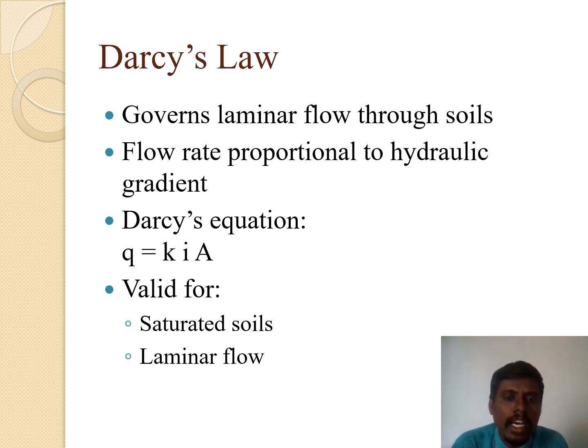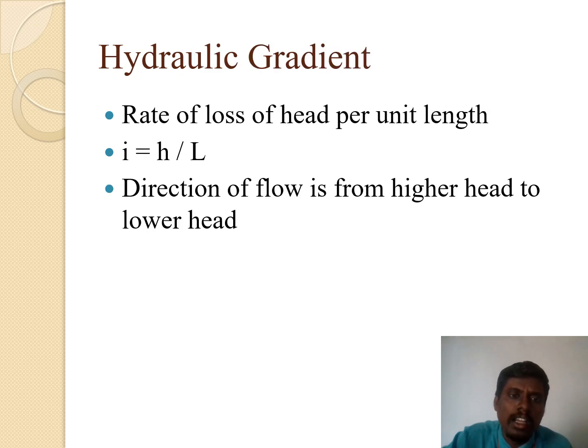The proportionality constant here is small k, called the coefficient of permeability. Here i equals the hydraulic gradient, we will discuss it later, and A equals the cross sectional area of the soil sample. So next thing is the hydraulic gradient.